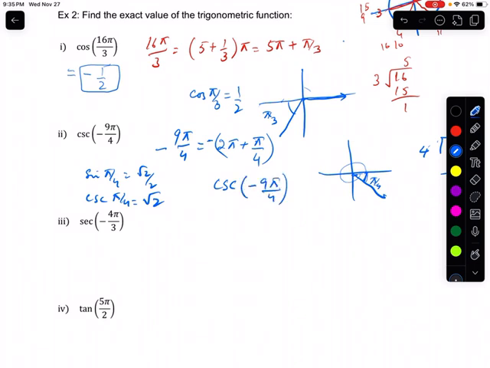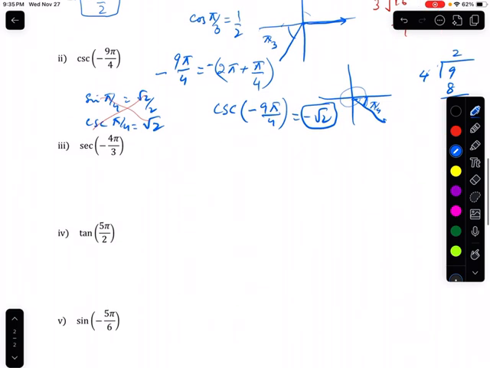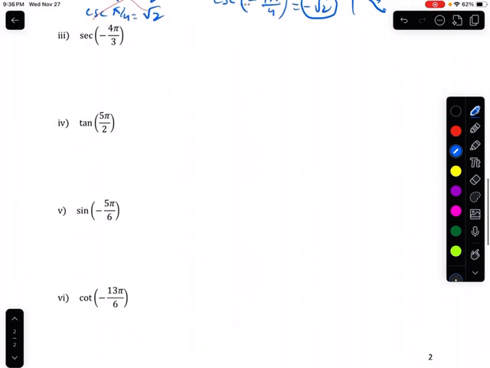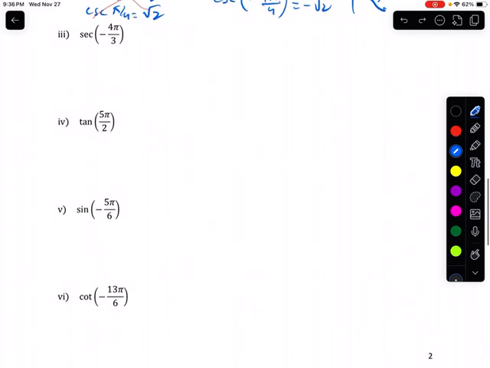Now if you don't want to write this, that's fine. You can directly come here if you know what you are doing. So we get negative square root of 2. Now don't assume that whenever we have a negative angle, we are always going to get a negative value. Sometimes we could get a positive value.